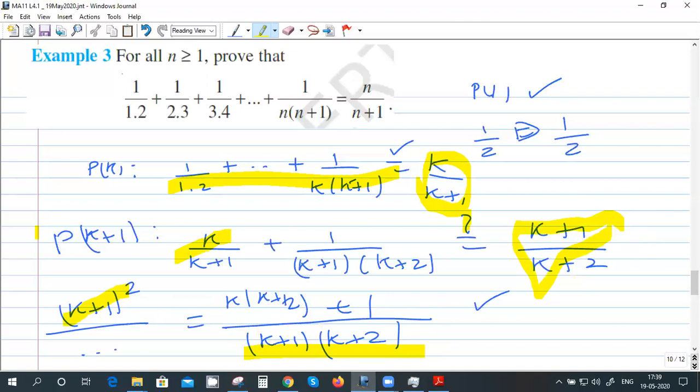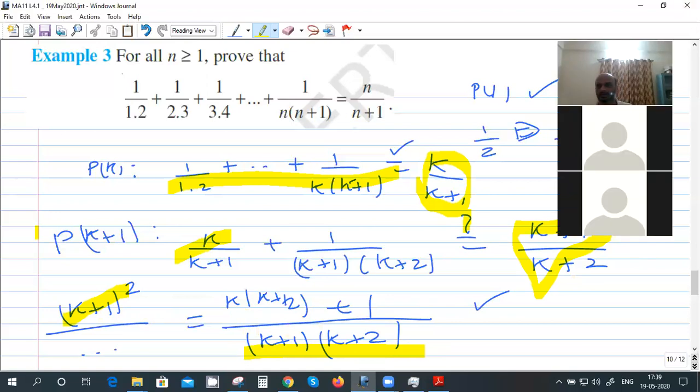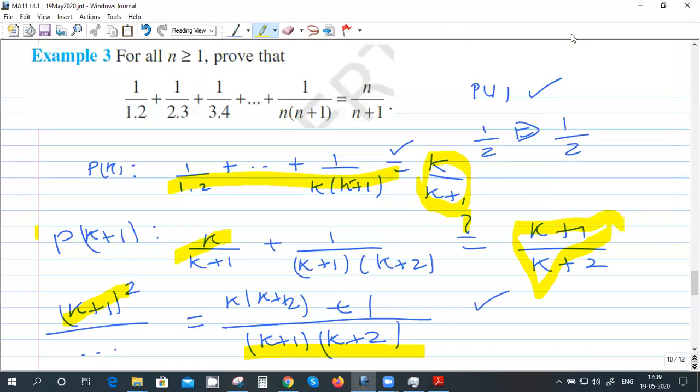Bhavya, is it clear? Yes. Okay, mic is off. Right, Bhavya, is it done? Daksh, is it clear now?